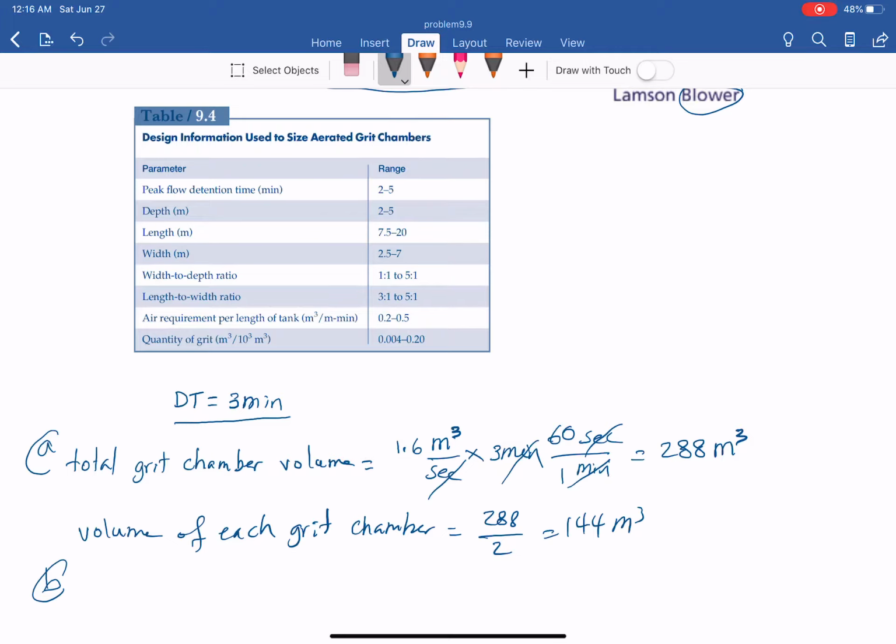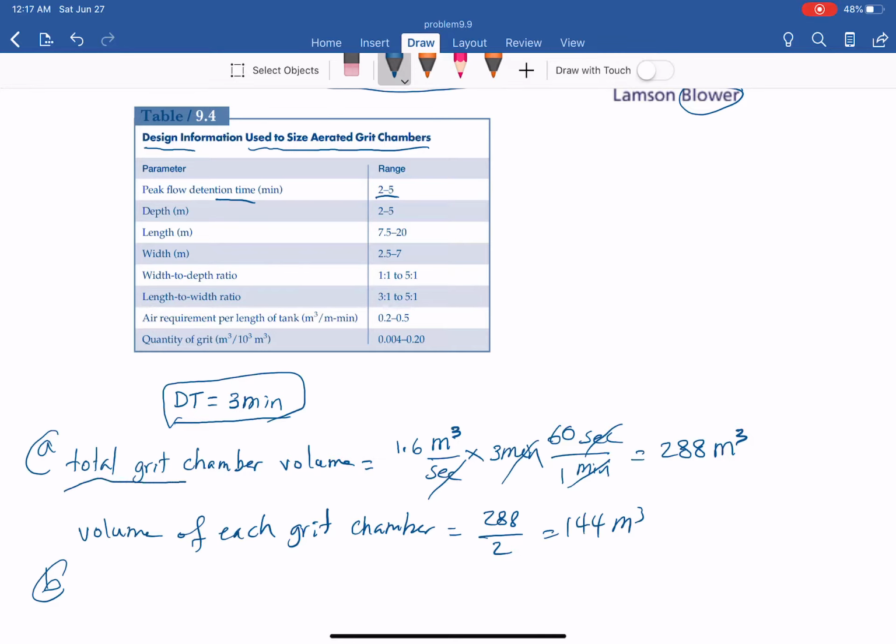We need this design information that's used to size aerated grit chambers. This is for designers, and the detention time needed should be between 2 and 5 minutes. So we're going to select something in the middle, 3 minutes. Of course, if you select 2 or 5 or 4, that's still acceptable, but in the exam the detention time will be given, because we need to check your answers, and the answers have to be universal.